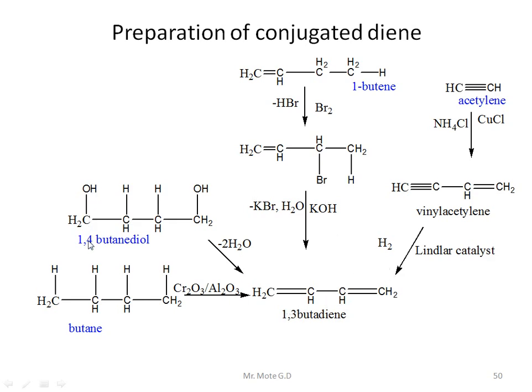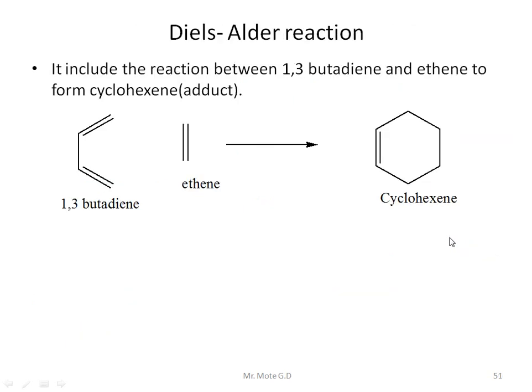Then the next method, 1,4-butanediol. So dehydration to form 1,3-butadiene. Butane: dehydrogenation means removal of the hydrogen to form 1,3-butadiene. These are the preparation methods for the dienes.